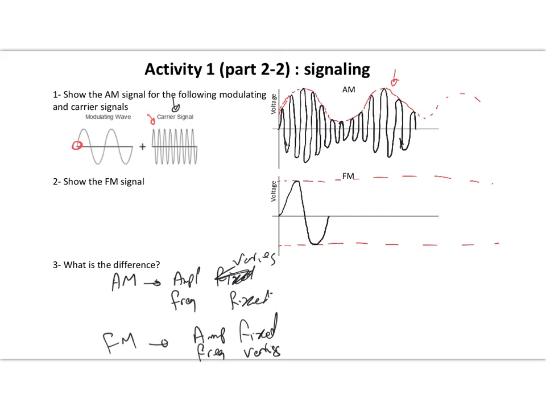But then the modulating signal amplitude starts to increase, so we need to increase the frequency gradually. Increasing the frequency means we have to make the cycles tighter and tighter. So it becomes something like this. Then we make it very, very tight to indicate that this is the peak amplitude.